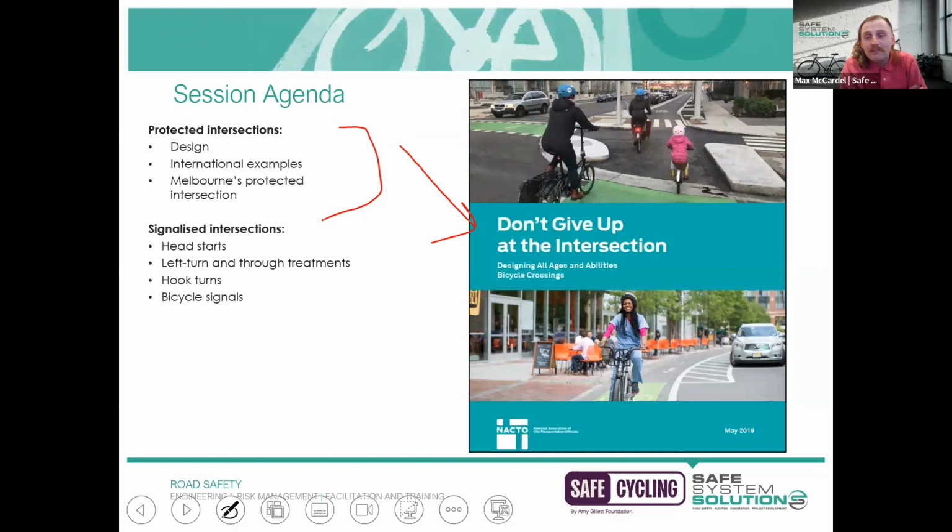And then we'll also have a discussion around more conventional intersections. What other treatments can we implement there to improve safety? Maybe we don't have the same level of investment, or we're unable for whatever reason to install protected intersections. What else can we do within that space?